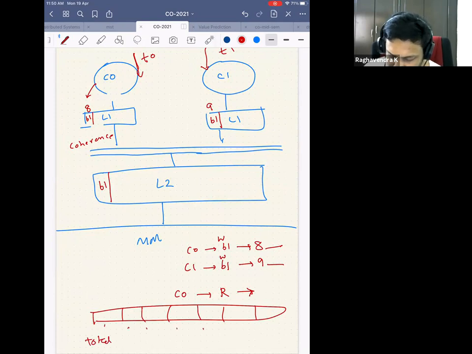So maybe I have given this particular part of the array to thread 0 and this particular part to thread 1 and the total is being calculated. It's the same program that is running. And maybe this B1 is containing the variable total. So which means that it should read 9 now, right?